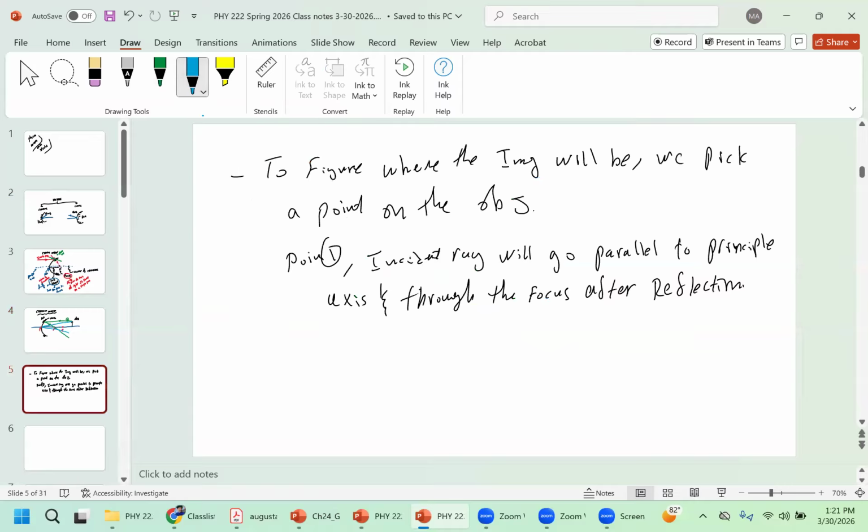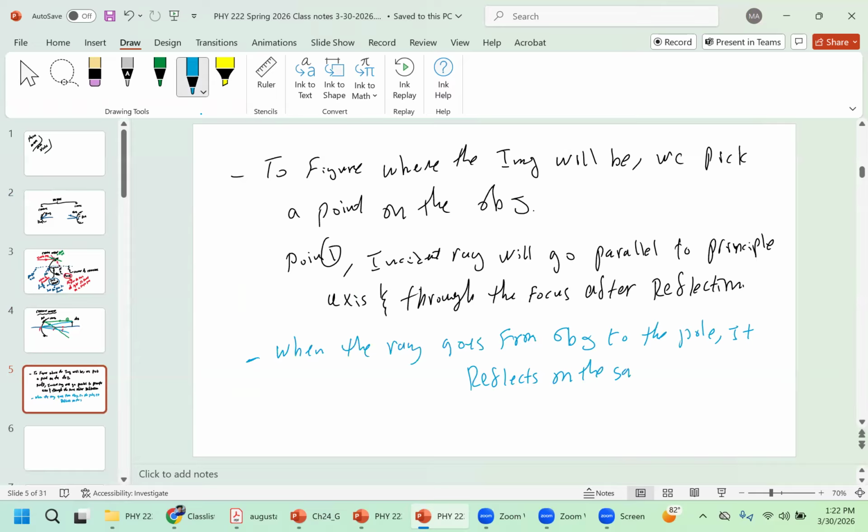So let me go ahead and just write it down. Now, when the ray goes from the object to the pole, it reflects at the same angle.